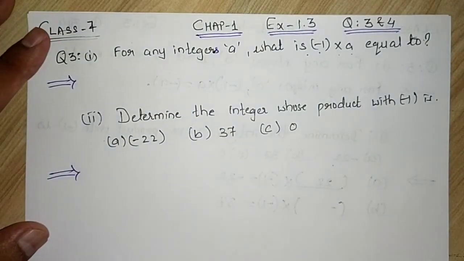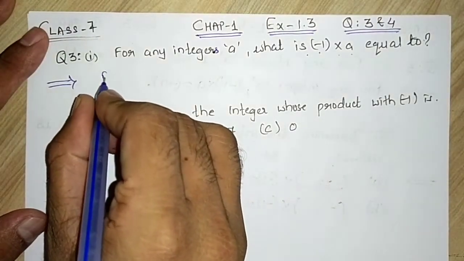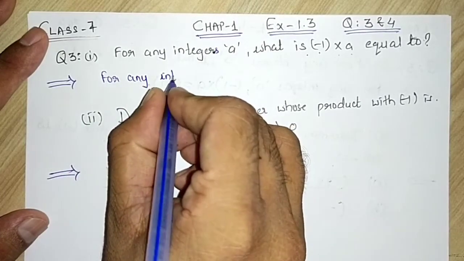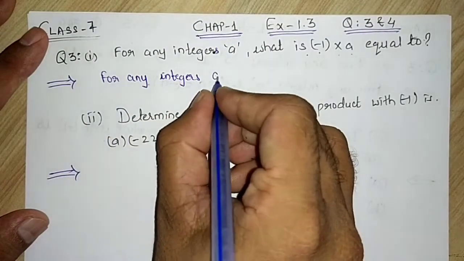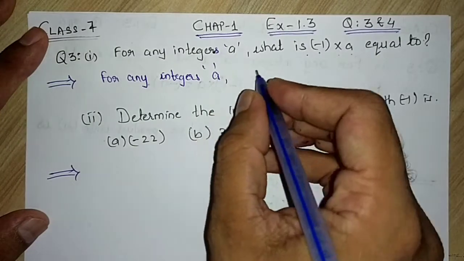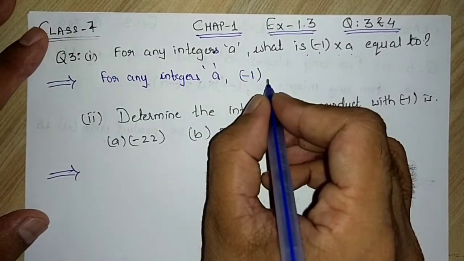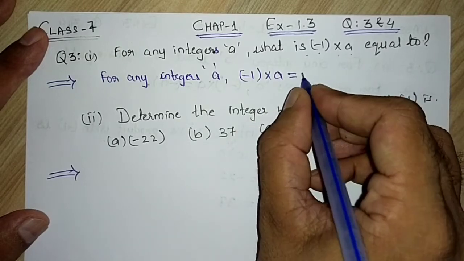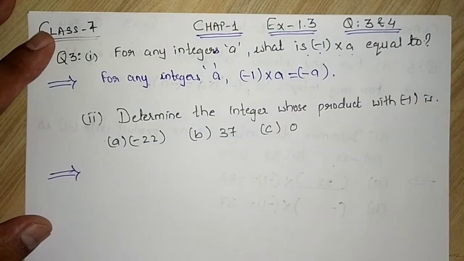So what should I write, students? We will write like this: for any integers a, minus 1 multiplied by a will give me minus a.